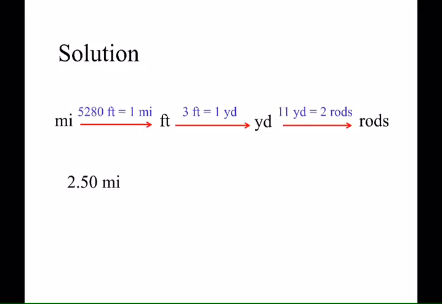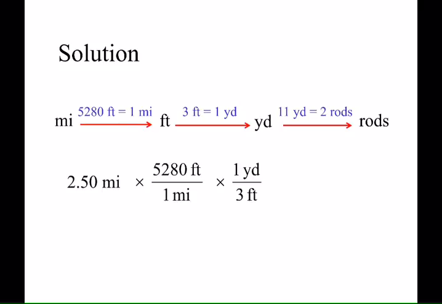So the first term, the thing we want to convert, is 2.50 miles. We're going to put miles in the denominator and feet in the numerator, so it looks like this: 5,280 feet over 1 mile. As we do this, units of miles cancel, and we're left with units of feet.